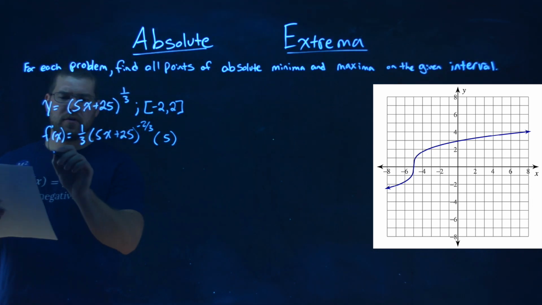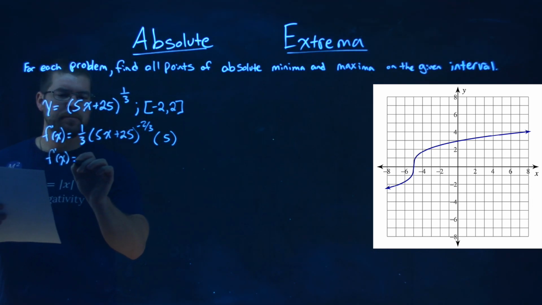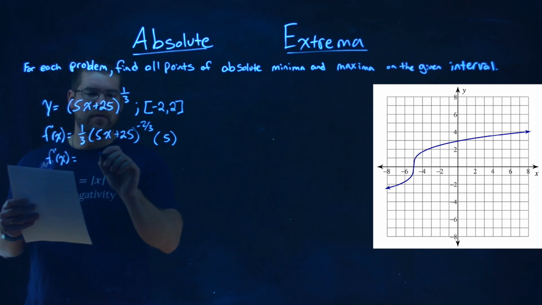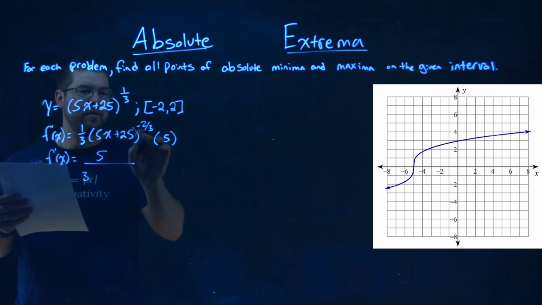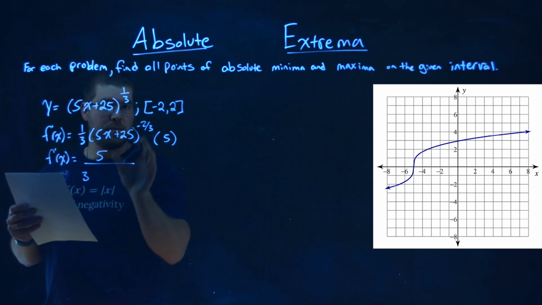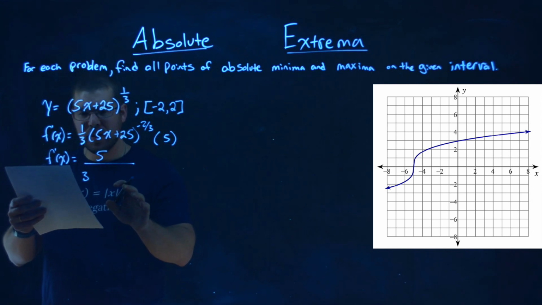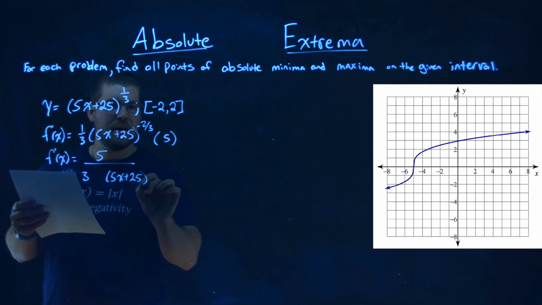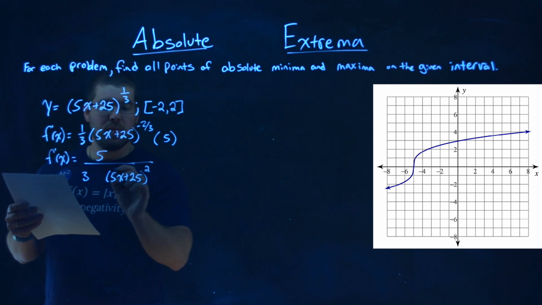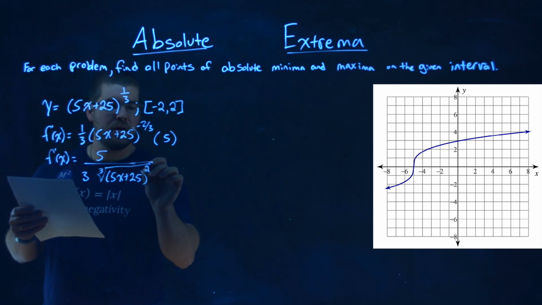From there, let's simplify this. F prime of x is equal to, well, 1 times 5 is 5 in the numerator, and the denominator is just 3, and then we have 2/3 comes down, with the positive exponent in the denominator, and so that 5x plus 25 is squared, but we also want to take the third root of the whole thing.